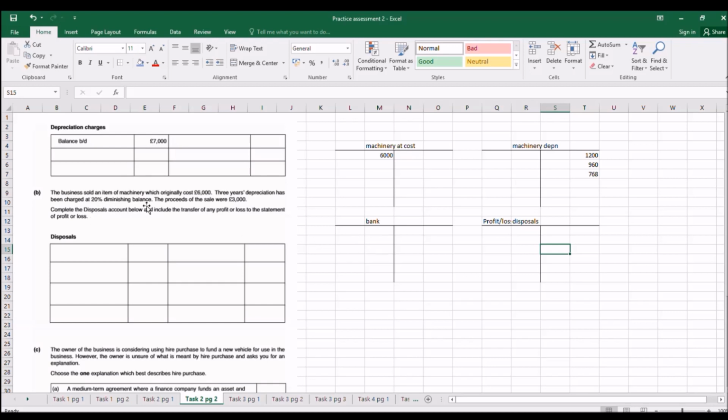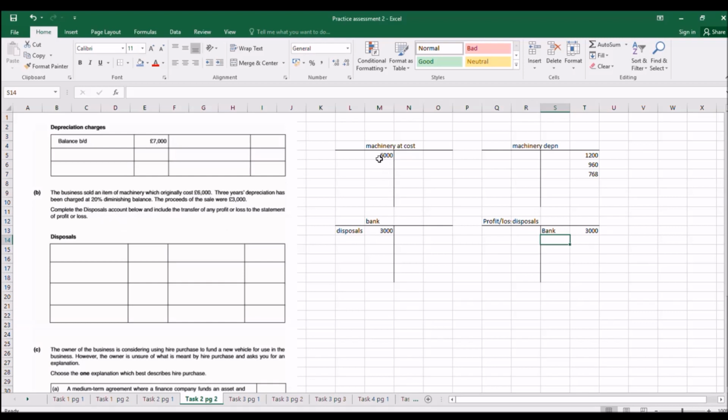So we've got proceeds of the sale of £3,000. Debit bank, disposals, and we go on to credit the profit and loss on disposals account, 3,000, bank as a description.